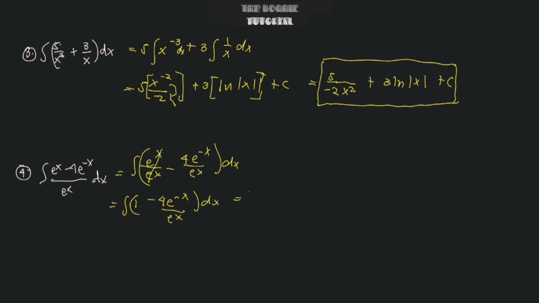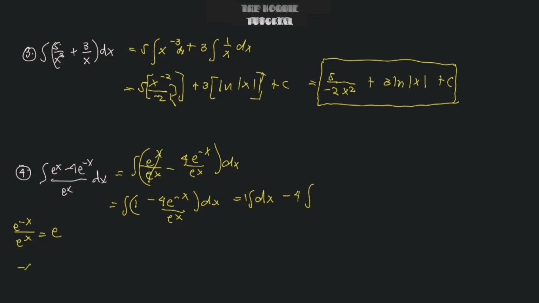We can simplify this one. We have to integrate 1 dx minus 4 times the integral of e raised to negative x divided by e raised to x. Basically, we have e^(-x) over e^x, so we subtract the exponents.